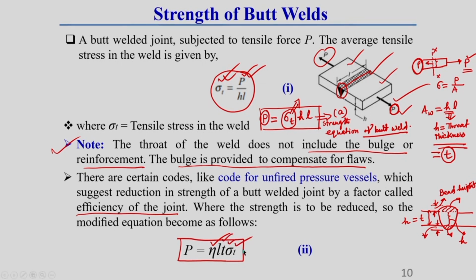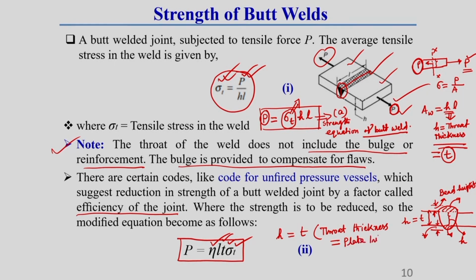One thing you should keep in mind: here H is equal to the plate thickness T. That means, in case of butt weld, the throat thickness should be equal to your plate thickness.